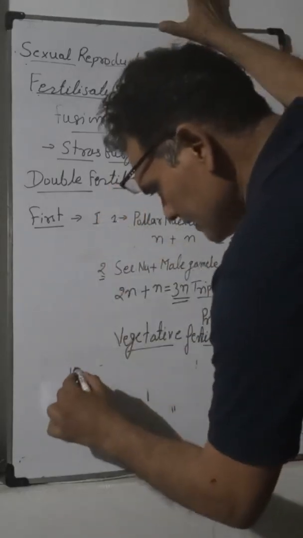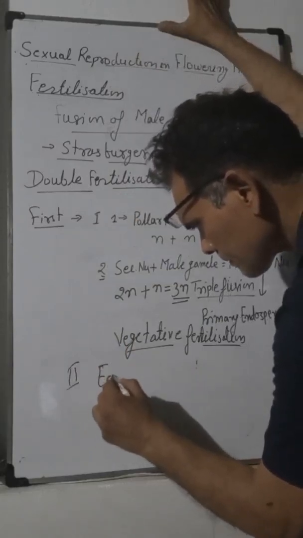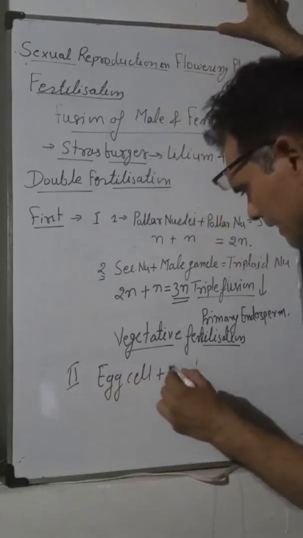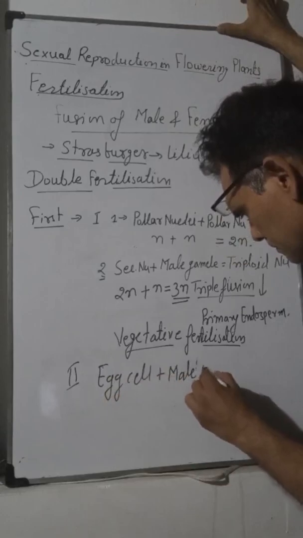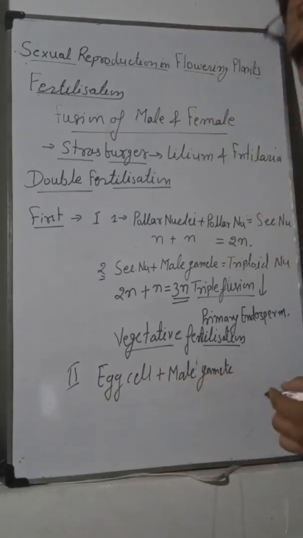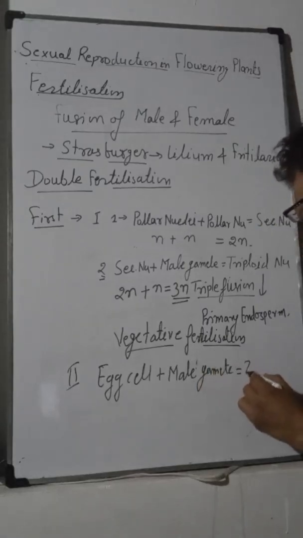Then the second fertilization, in which the egg cell plus the other male gamete fertilize together to form the zygote.